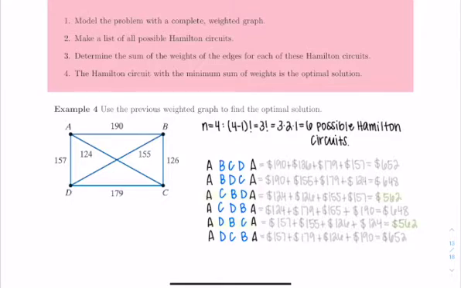So now that I have these all listed out, I want to find out what the associated cost would be with this circuit. So from A to B, I spent $190. From B to C, I spent $126. From C to D, I spent $179.